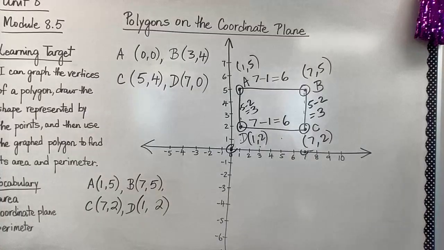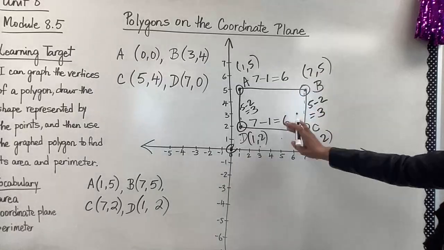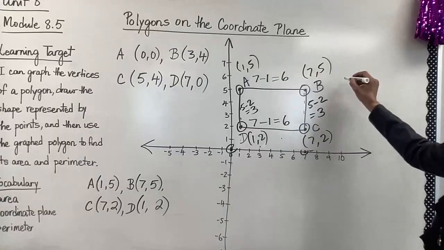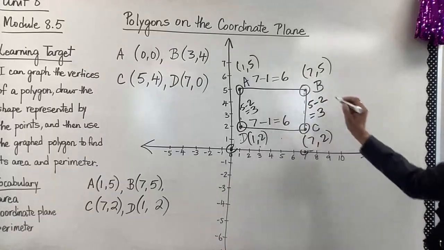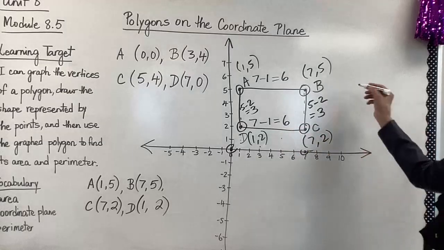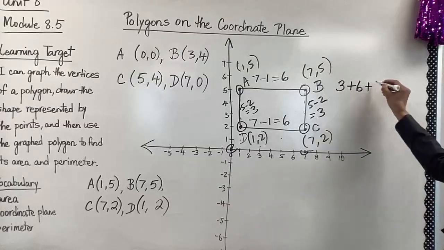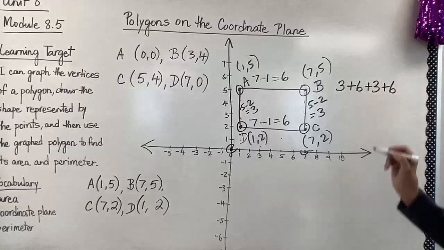Now once I have all of these lengths, all these units, I'm just going to add the lengths of the four sides. So what did I have? I had 3 plus 6 plus 3 plus 6, right? So I can write it like this: 3 plus 6 plus 3 plus 6.